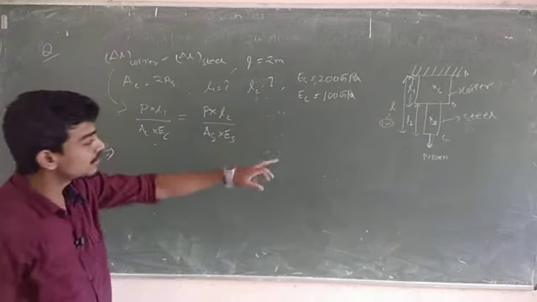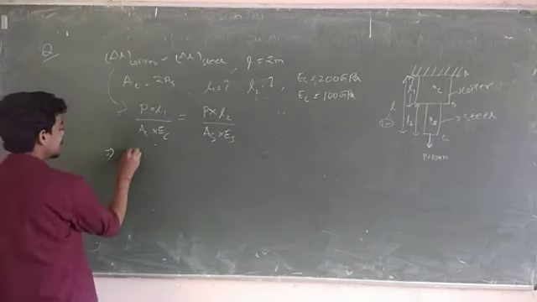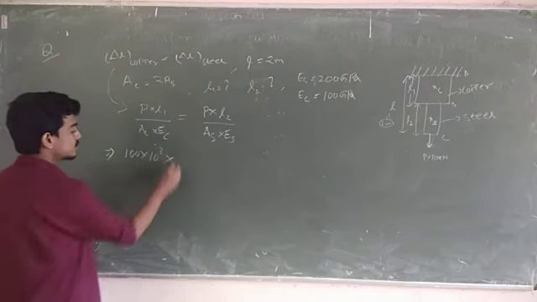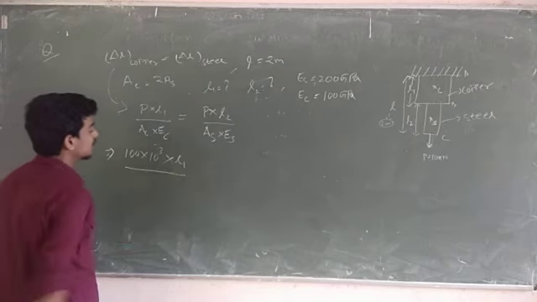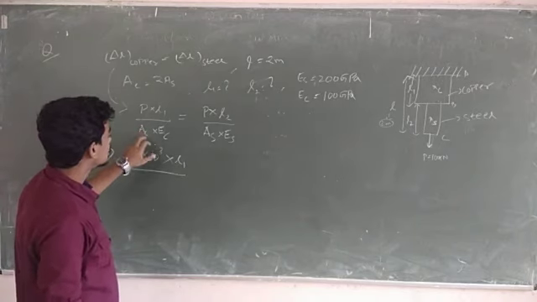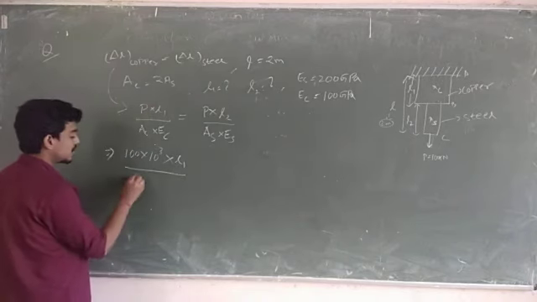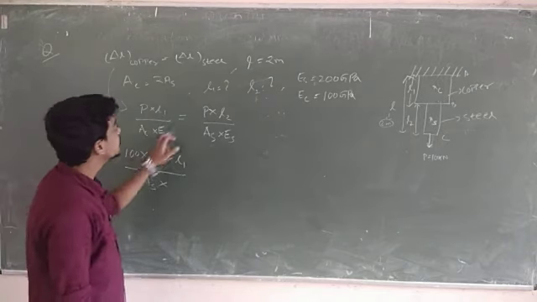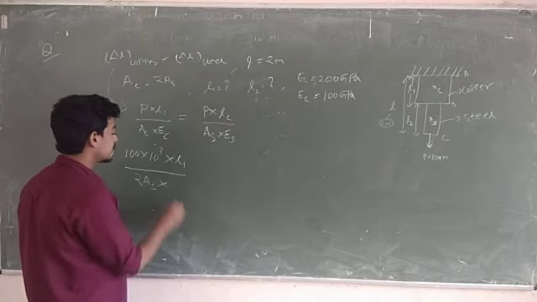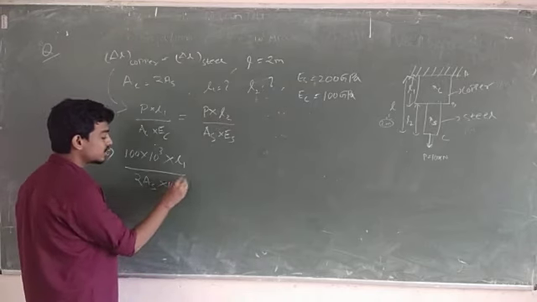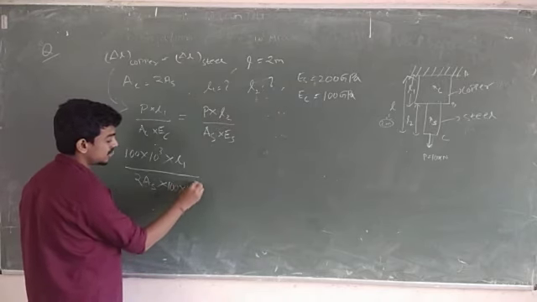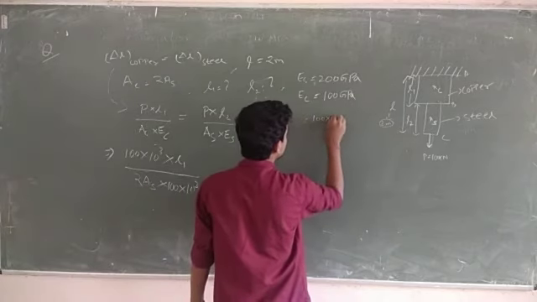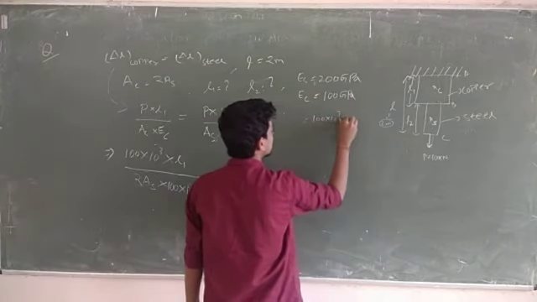So P is given 100 kilonewton, so 100 into 10 to power 3. L1 is unknown here. Area of copper is 2 into AS, so I will put 2 into AS. EC value is given 100 gigapascal, means always convert into megapascal, that is 100 into 10 to power 3 megapascal.